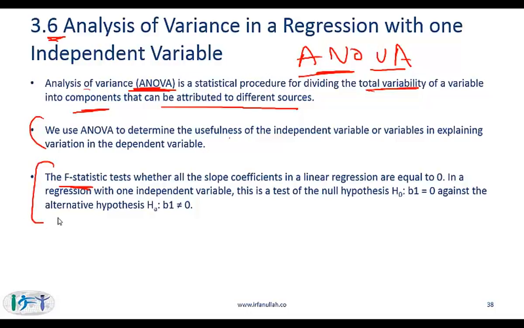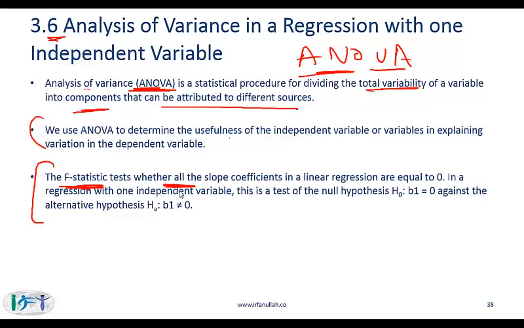Here you need to remember this statement. What does the F-test do? The F-statistic tests whether all the slope coefficients in a linear regression are equal to 0. So, if the F-test is significant, that means that the coefficients are not 0. I underlined all and emphasized all for a reason.